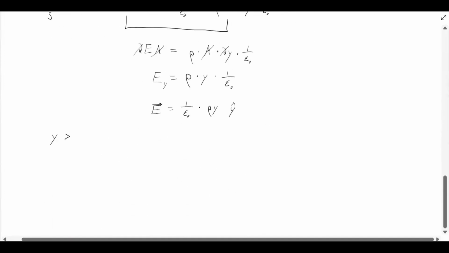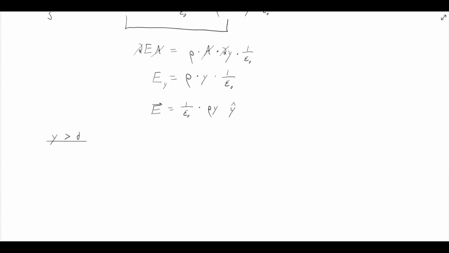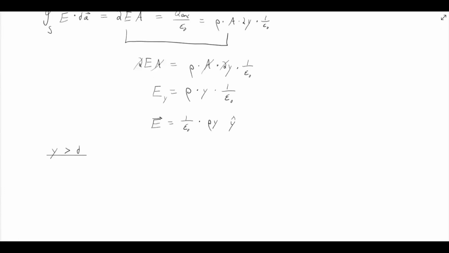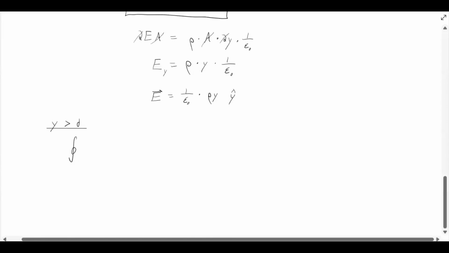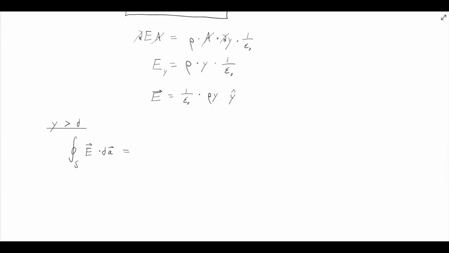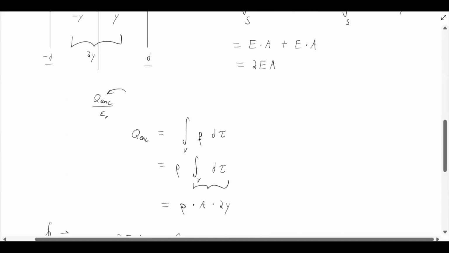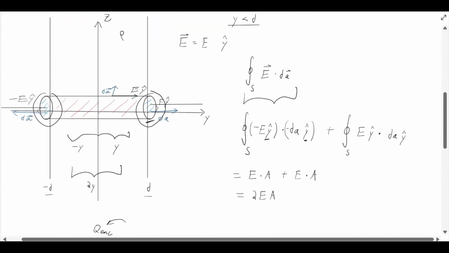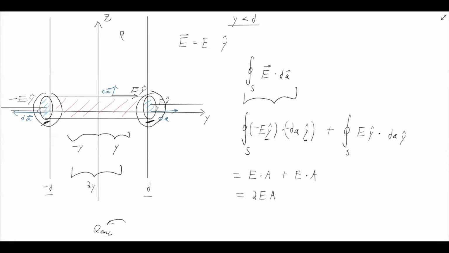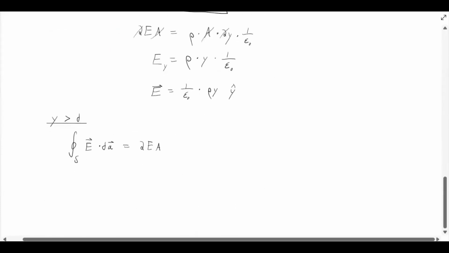So for this case, y is greater than d. On the left-hand side of our equation, once again, we find the exact same as we found above, because again, the areas of these circular surfaces have not changed, only our length has changed, and the electric field will still be pointing in the y hat direction. So we still have this on the left-hand side.